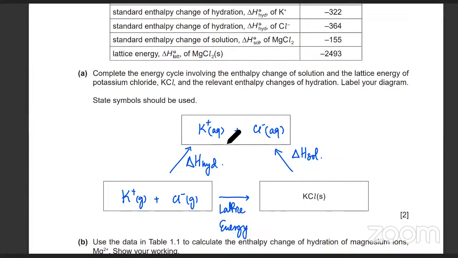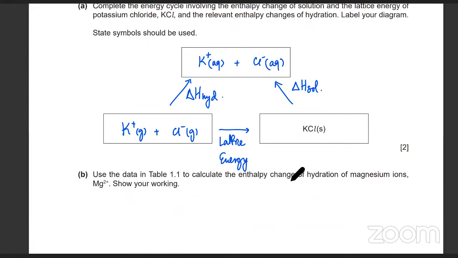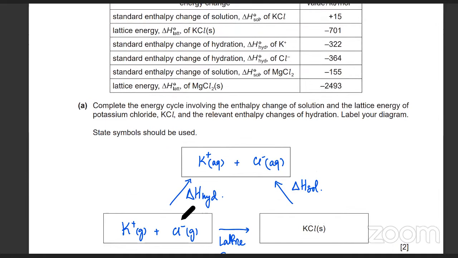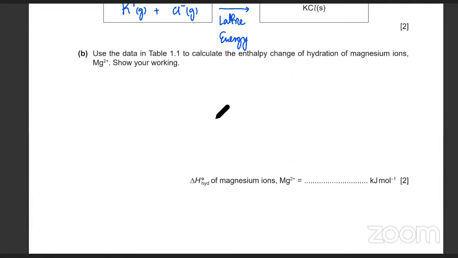The next thing is use data to calculate the enthalpy change of hydration of magnesium ions. Show your working. So enthalpy change of solution is given. We can make a similar Hess cycle for MgCl2. So MgCl2 is solid.